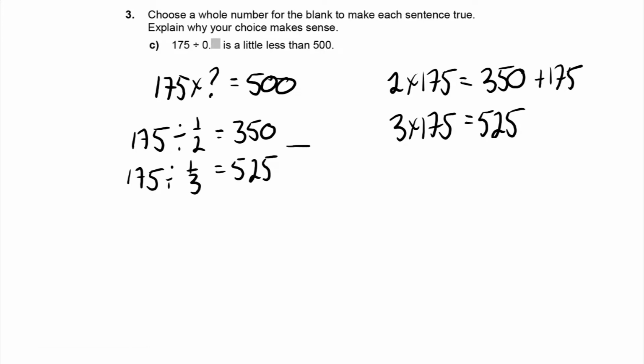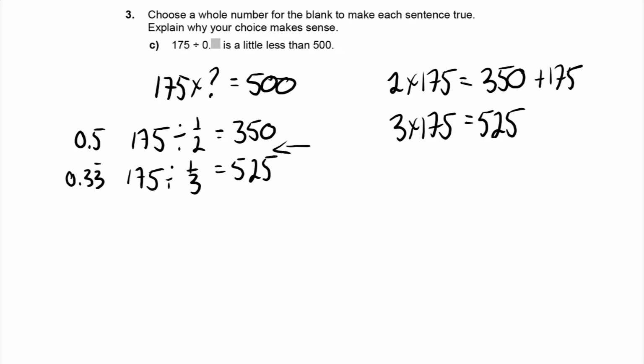Where I want to end up, however, is in between those numbers. So that means I need a number, in this case a decimal, that falls in between those. So remember, the 1/2 is 0.5, and the 1/3 is 0.333 repeating.